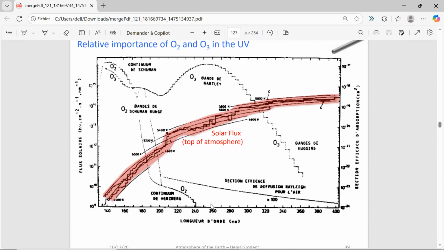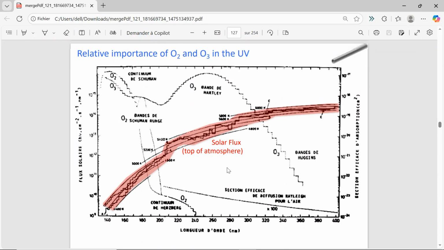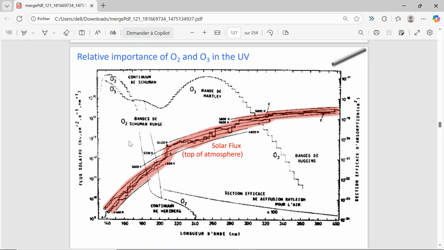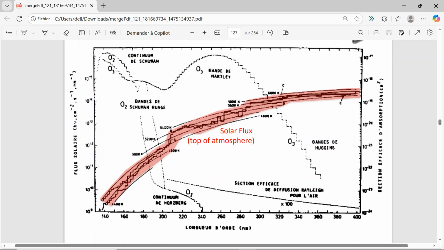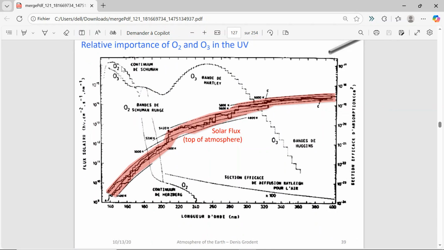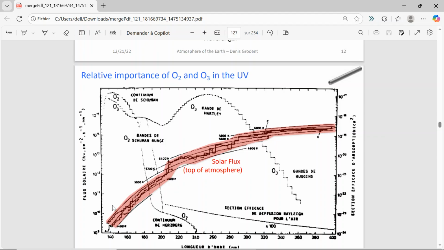So, the relative importance of the molecular oxygen and the ozone. We see that for the very energetic photons right here, we have a high cross section of absorption for both the ozone and the molecular oxygen, leading to an effective damping of those extreme UV.